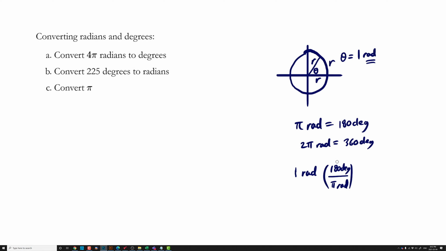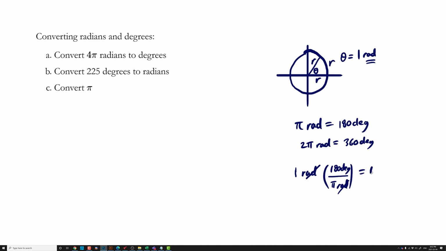You're allowed to multiply by 1 in math. Numerator and denominator are equal, so they cancel out, and the radian units cancel. So indeed, 1 radian is exactly 180 degrees divided by pi, which is approximately 57 degrees.